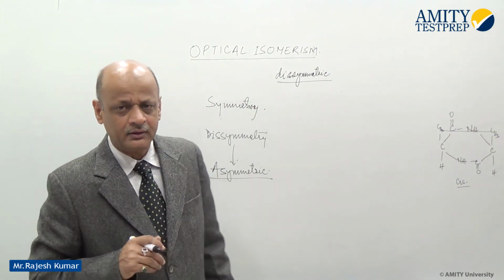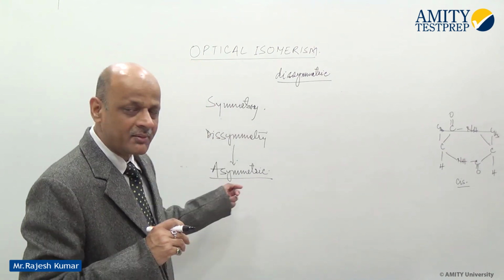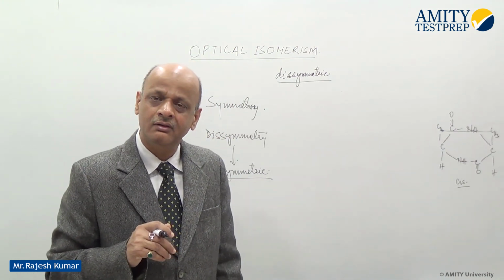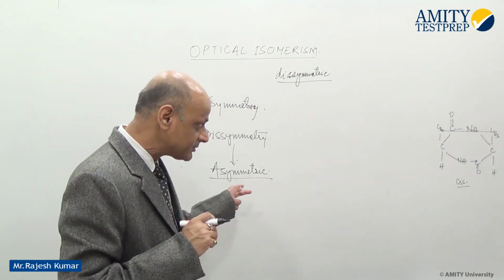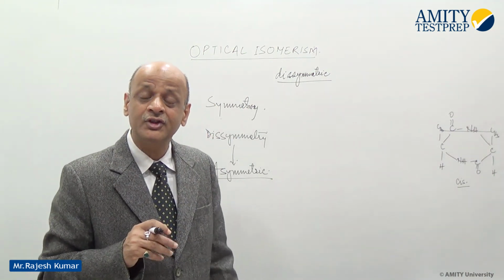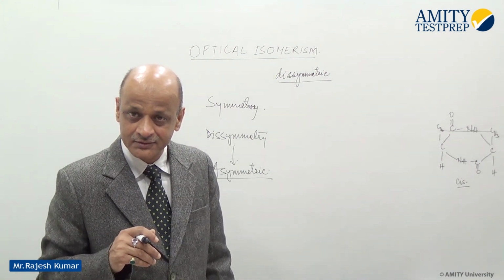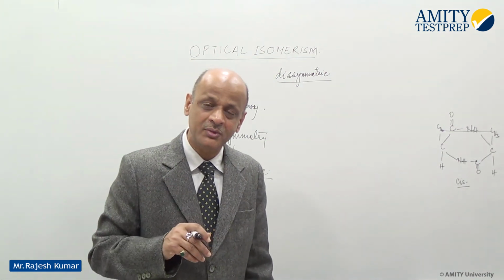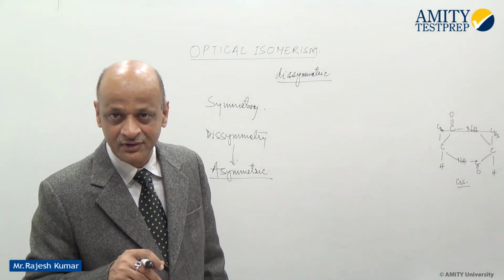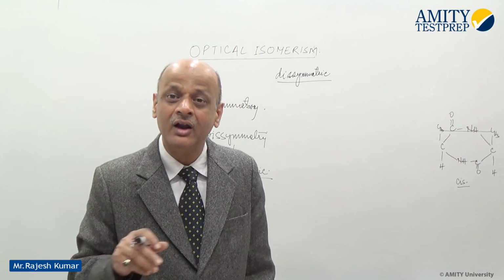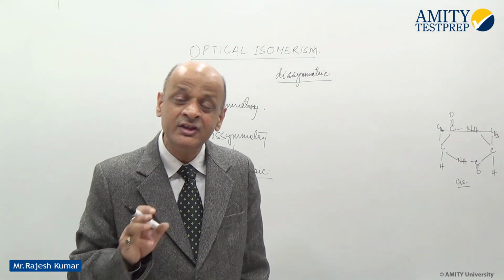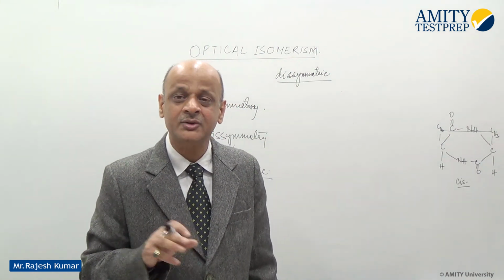Such a carbon atom is also called a chiral carbon, and such carbon atoms give non-superimposable mirror images. Both non-superimposable mirror images are optically active due to the presence of the asymmetric carbon atom, and are called enantiomers.